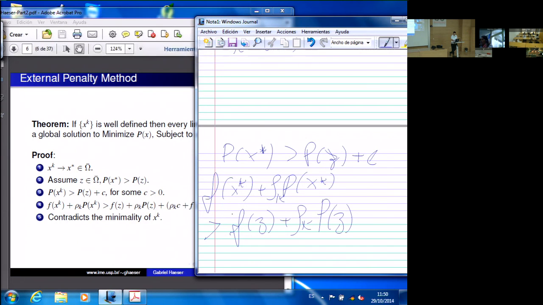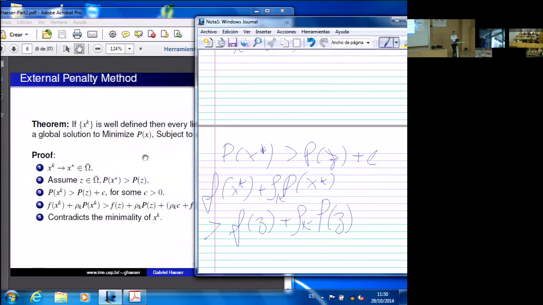So in particular, it is greater than this number, for sufficiently large k. So this is a contradiction, because z was assumed to belong to this set omega bar, and its function value is less than the value at the global minimum for the subproblem. Okay?